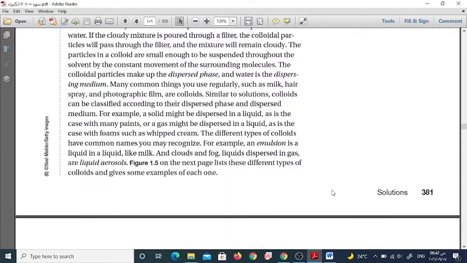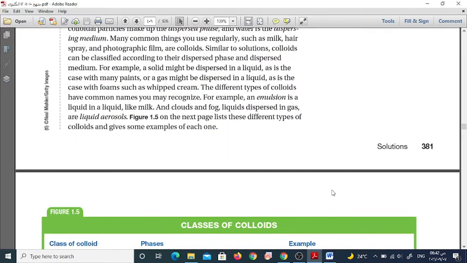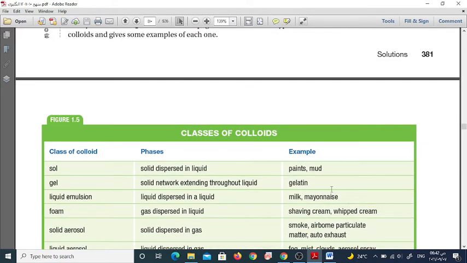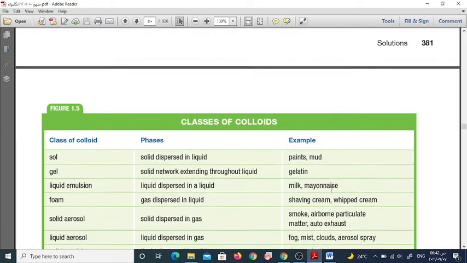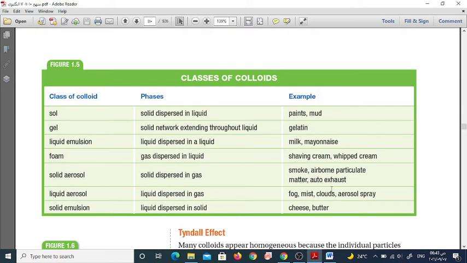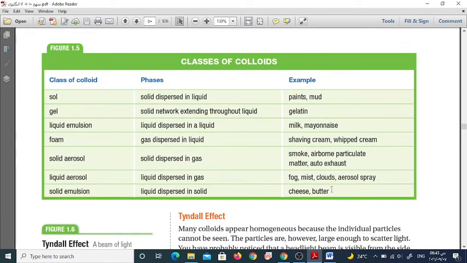We have a table here which differentiates between solution, suspension, and colloid. Of course, you have some classes of colloids. You can just read this table for knowledge. As I said, this chapter is not included in the Wizari exam.